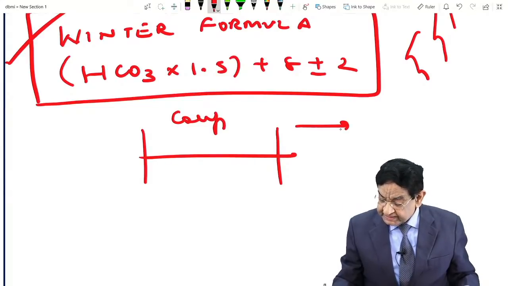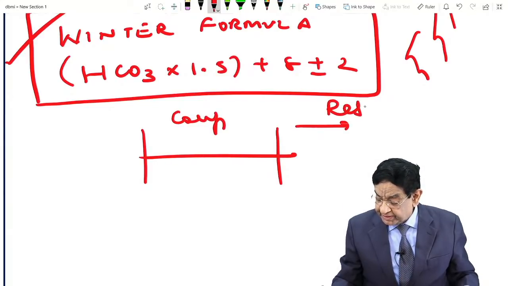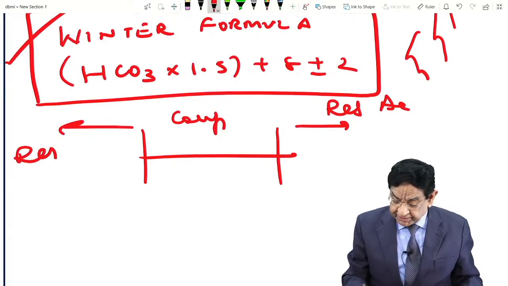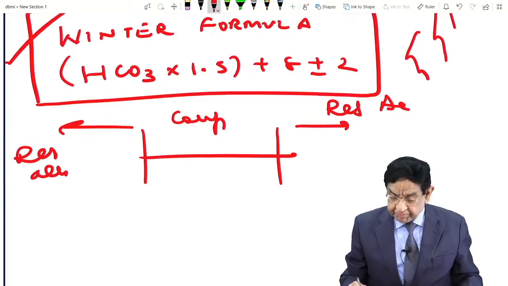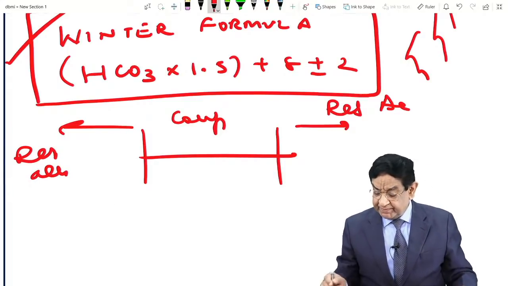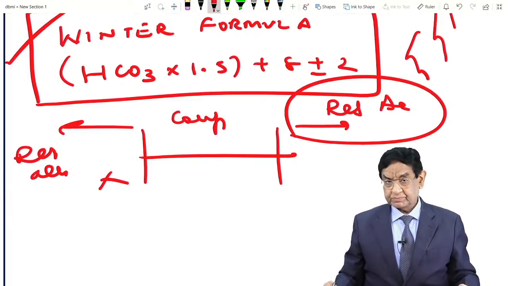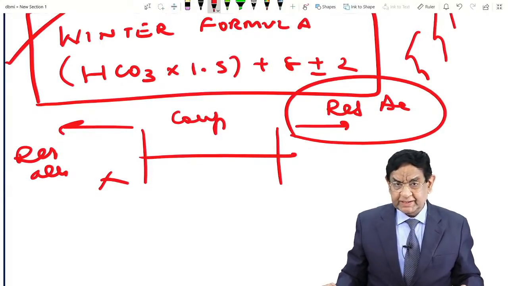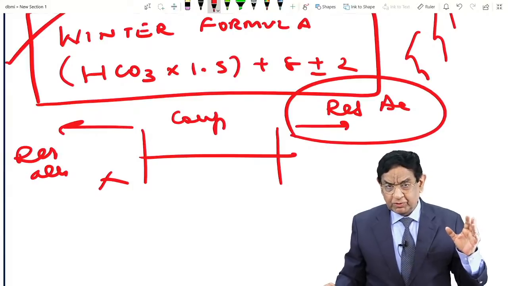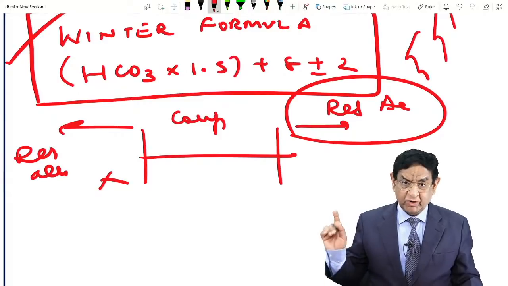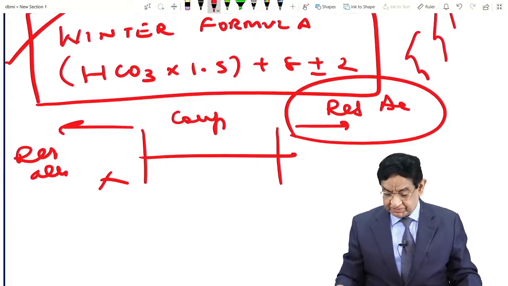If it is on the higher side, we call it respiratory acidosis. And if it goes below that, it is respiratory alkalosis. But by and large, in all the exams, they will be talking about the higher side; they never talk about the lower. Point to be noted: the CO2 may be low, but if it is still not compensated, it is respiratory acidosis.